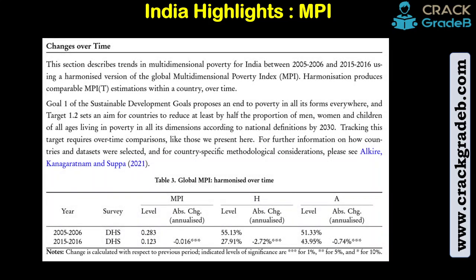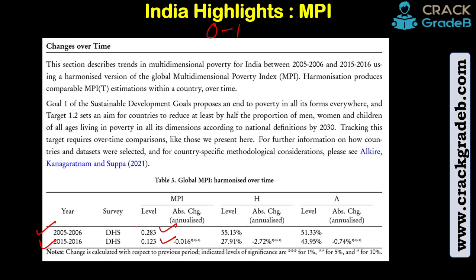Then let us see the comparison or the change over time. From when? From 2005-6 to 2015-16. So if you see, we have improved a lot. Okay. So the value ranges from 0 to 1. So the target is to go closer to the 0.